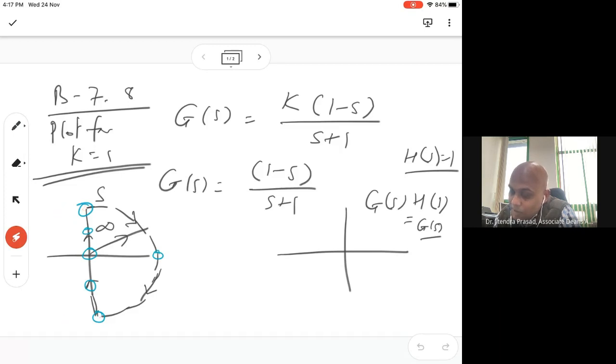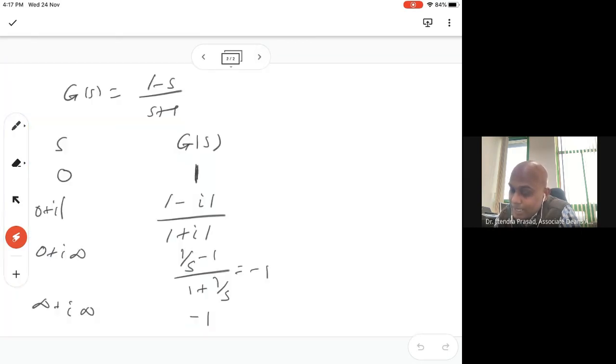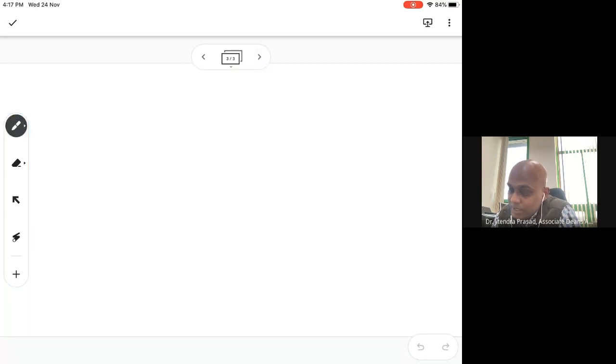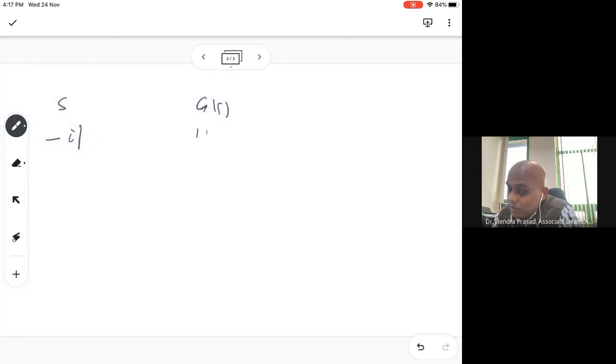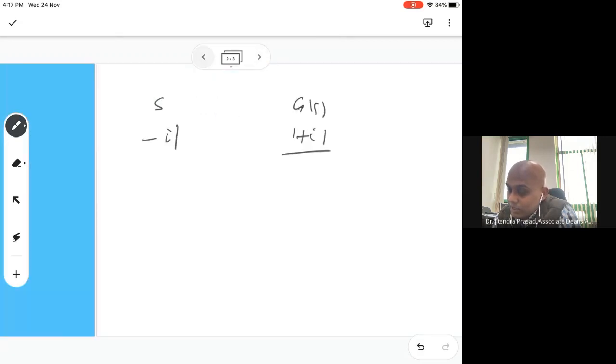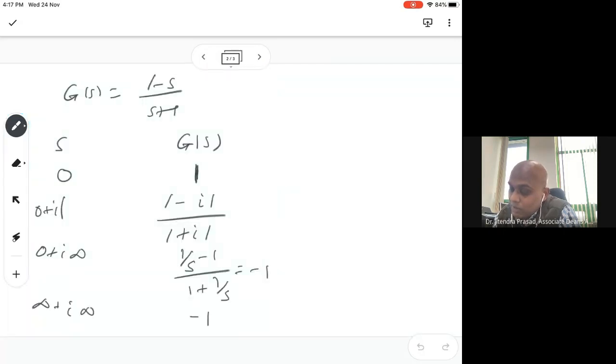Okay, now what about this point? We have let us say minus I1, right? So let's go to the next second page. You have s, then G(s). Now let's say we have minus I1. What value will we have? We will have 1 plus I1 divided by 1 minus I1.